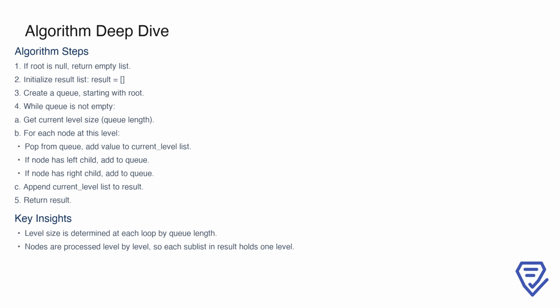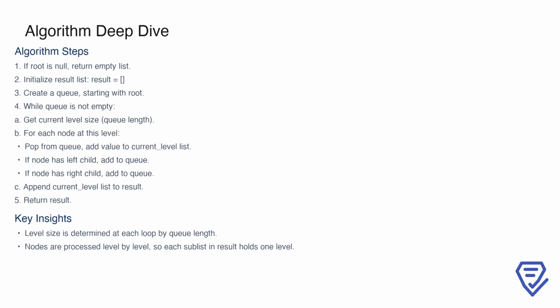For each level, we immediately record the current length of the queue, representing the number of nodes present at this depth. Then, we iterate that many times, ensuring we process only the nodes belonging to the current level. For each node, we add its value to a list for the current level, and if the node has left or right children, we add them to the queue for processing at the next level.